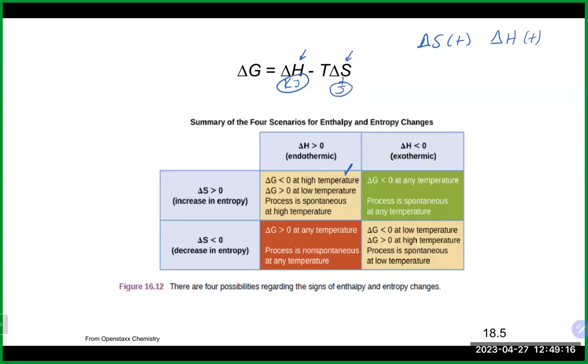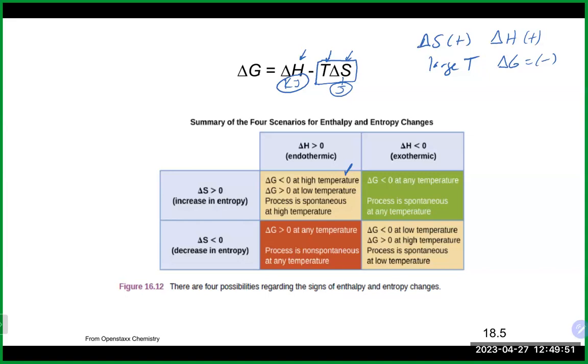But the only way for the back end, which is the T delta S, to outbeat the delta H part is we would actually need a really high temperature to do that. So at a high temperature, this guy would make this part of the equation larger than the first number, and that would result in a negative value for delta G. So at large temperatures, we would expect delta G to end up being negative, and it would be a spontaneous reaction. The opposite is true, obviously, at lower temperatures.